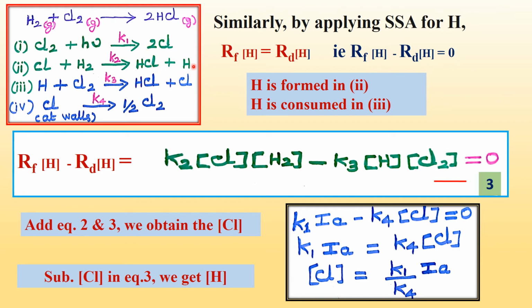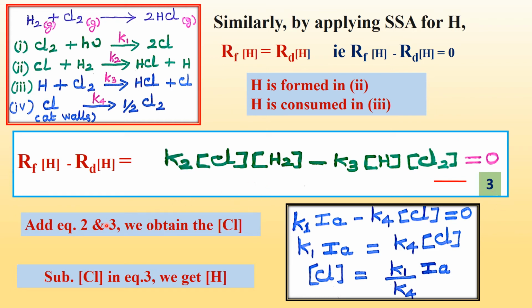Hydrogen atom is formed in step 2 and consumed in step 3. Therefore k2[Cl][H2] minus k3[H][Cl2] equals 0, because the rate of formation minus the rate of decomposition equals 0. This is equation 3.